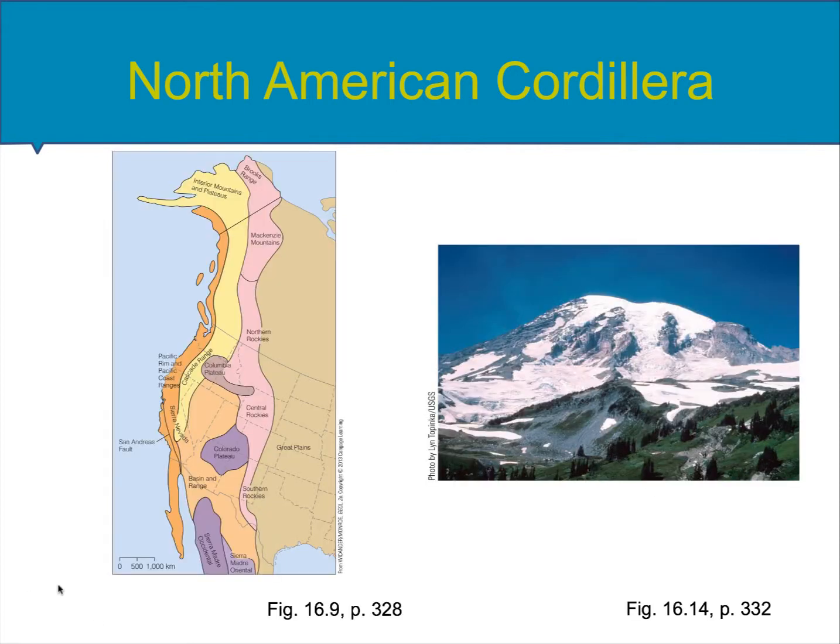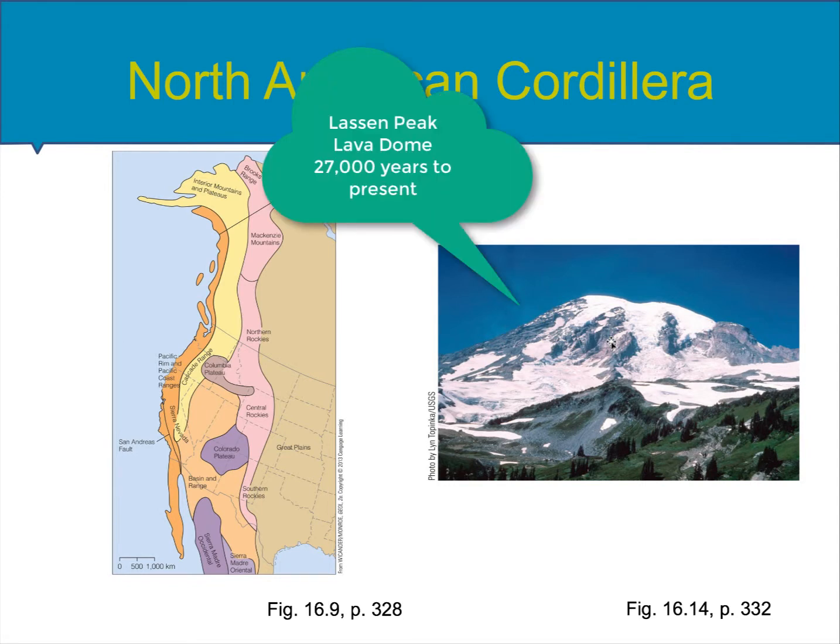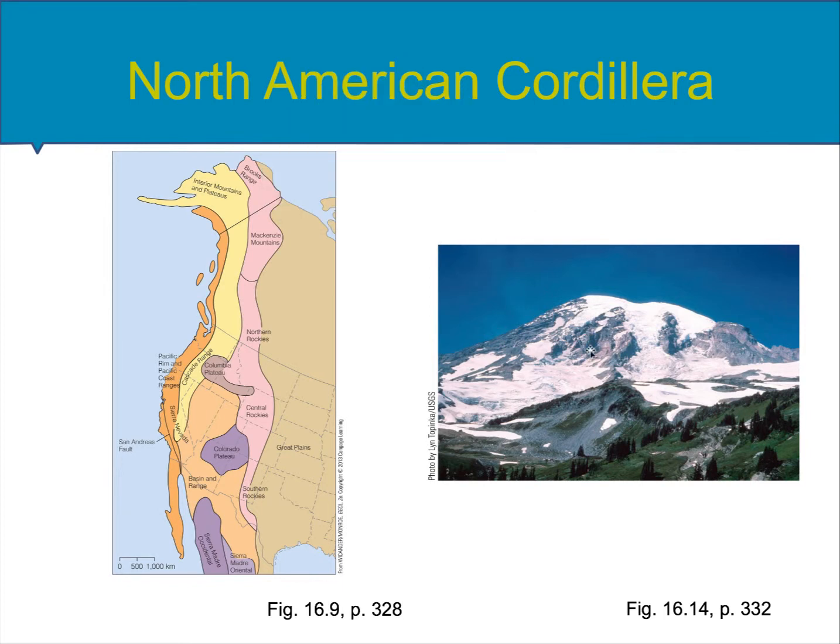So looking at these Cascade volcanoes, this is actually Lassen Peak, which is really a large lava dome. In fact, Lassen Peak first started erupting about 27,000 years ago. And again, the last eruptions were in 1915 to 1921. So again, a very active lava dome.